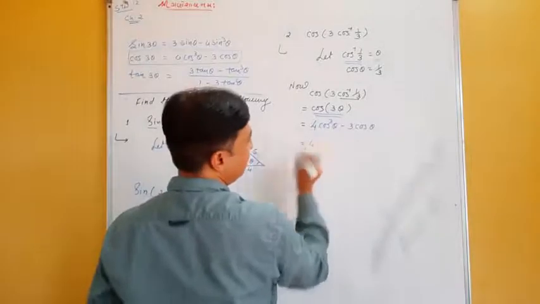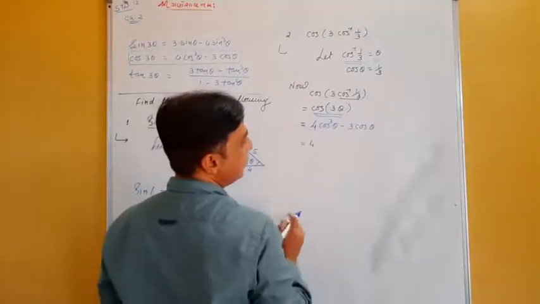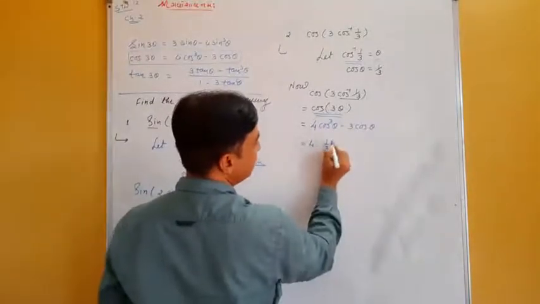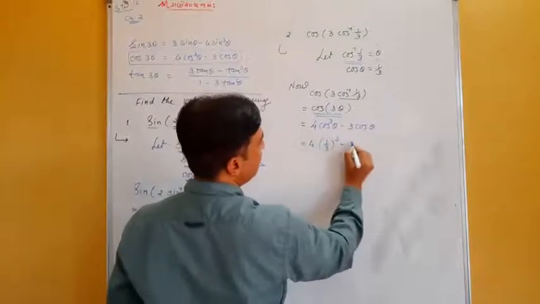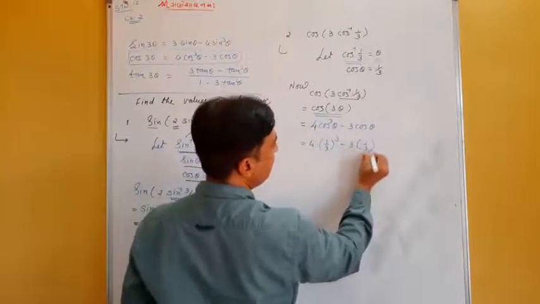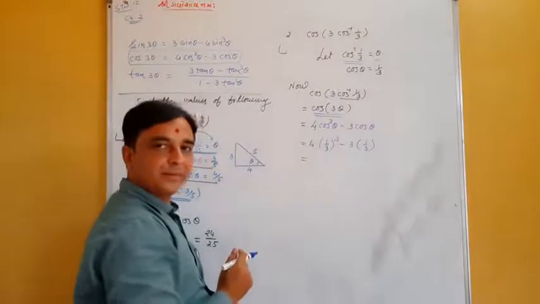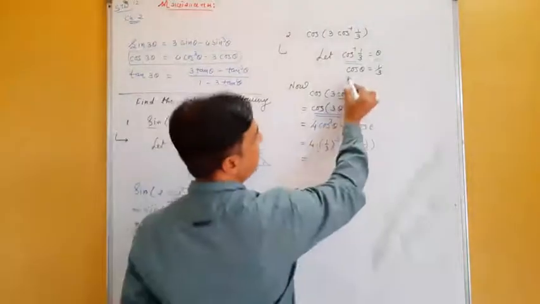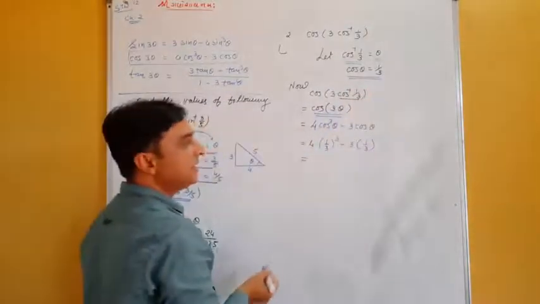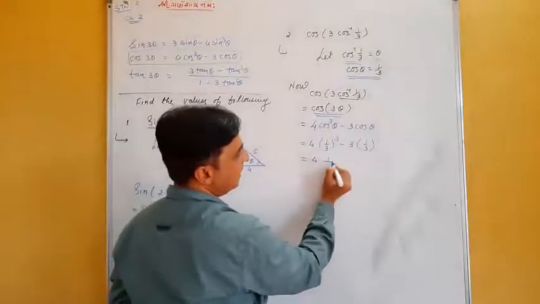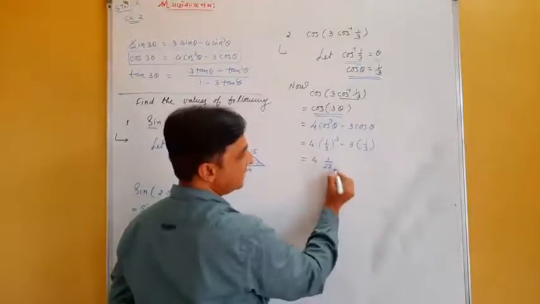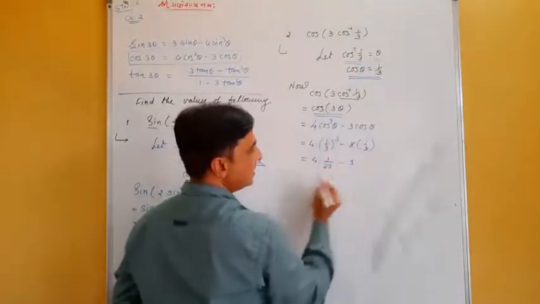Now substitute the value. Cos cube theta means 1 by 3 cube, minus 3 into 1 by 3, because cos theta is 1 by 3. Now 4 1s are 4, 3 cube is 27, 3 3s cancel, 1.